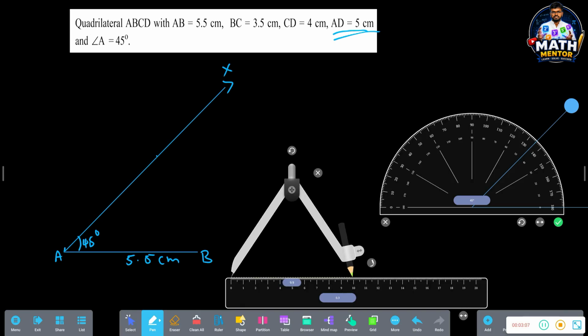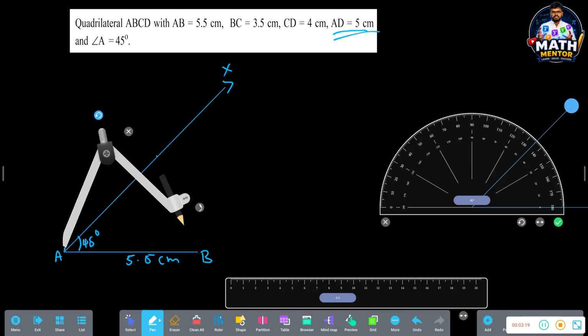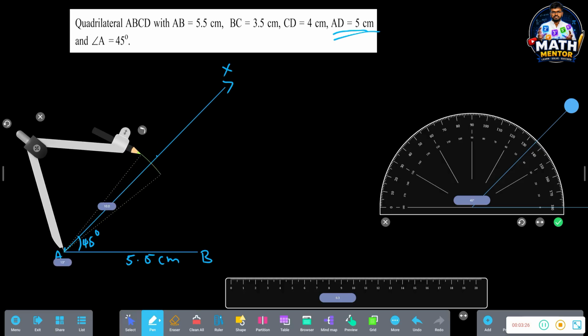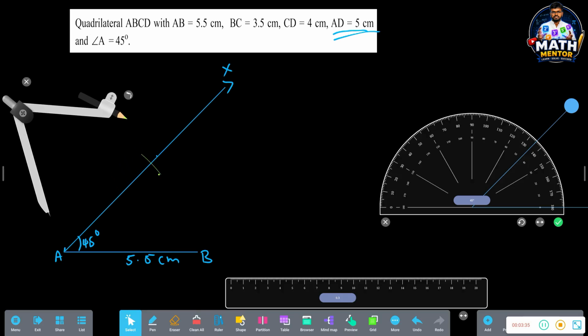Now take this compass, place the point on A, and cut the ray AX. This will be our point D, and this will be AD, 5 centimeters.